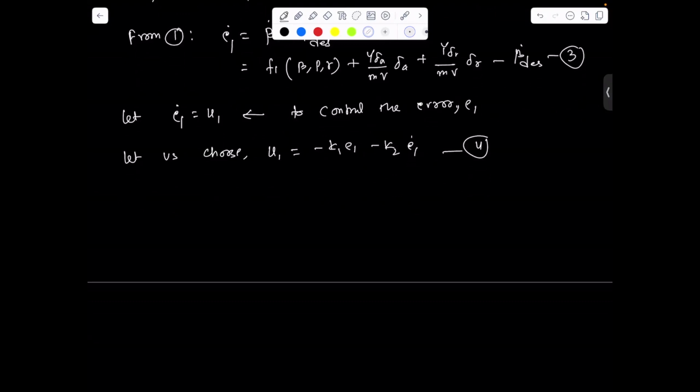Now here, basically in place of U1 dot, we can substitute this expression, because U1 we have already chosen.